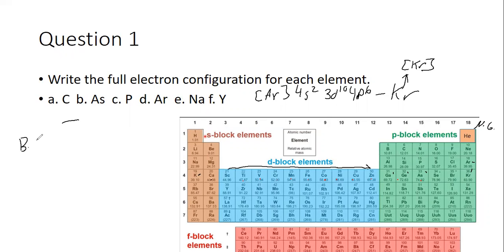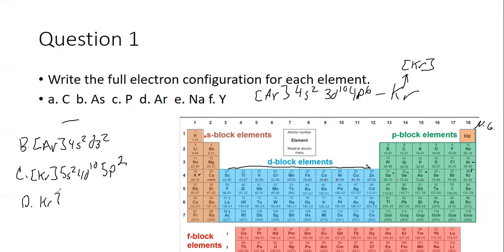B is argon 4s2, 3d2. C is krypton 5s2, 4d10, 5p2. And then D is krypton 5s2. Tell me what elements correspond to those electron configurations.